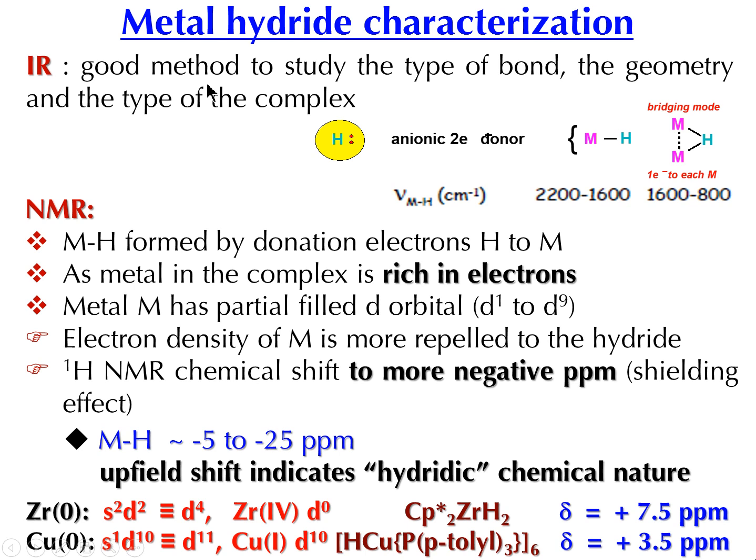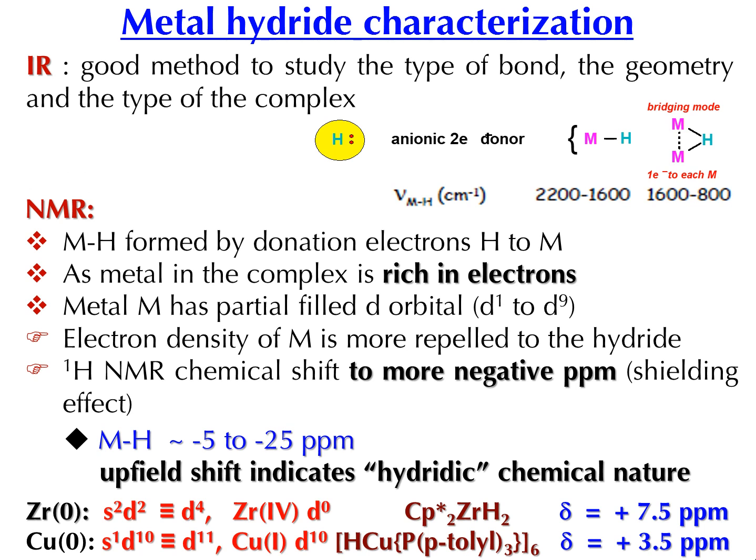The infrared is a good method to study the type of bond, M-H terminal, or H bridging between two metal centers, where we have a difference between the stretching frequency: for the terminal M-H it is about 2200 and for the bridging it is about 1600. NMR is also a good technique to characterize the metal hydride complexes.